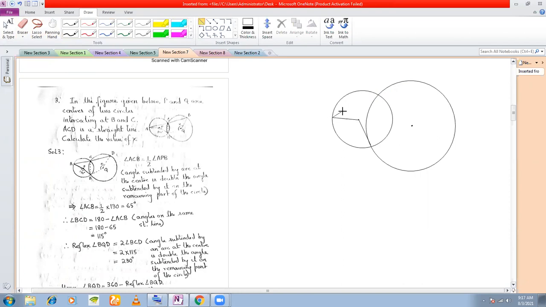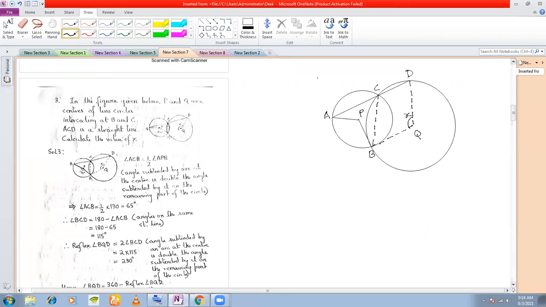We'll draw it as a dotted line. Okay, so this is the figure that is given. Now let's read the question.